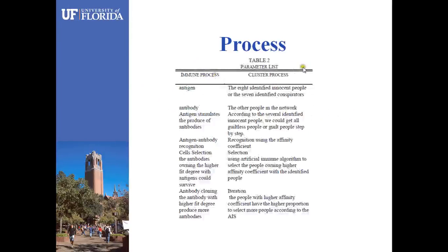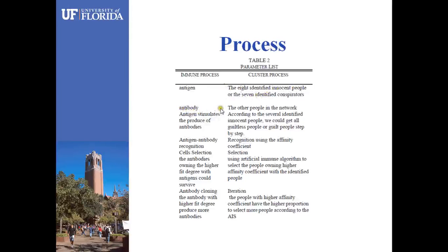Okay, here is the table of our AIS. We can see the antigen can represent the 8 identified innocent people or the 7 identified conspirators. In our project, we will treat the antigen as the 8 identified innocent people.